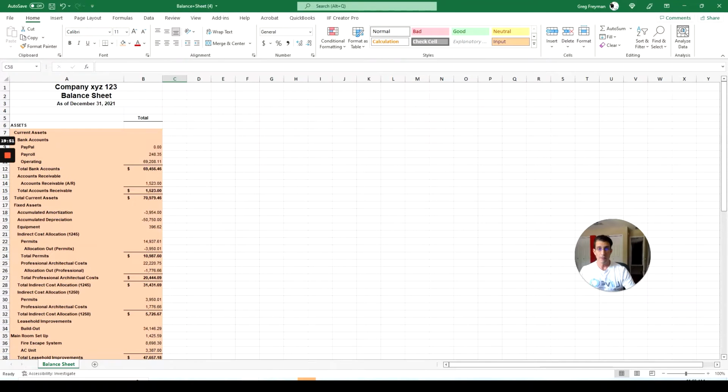Now, again, a balance sheet is as of 12/31, which means that it's a snapshot of the balance as of that date. Whereas a profit and loss really runs for a range, from the beginning of the year to the end of the year, as an example, from January 1st to 12/31, and it exists for only that 1 year.